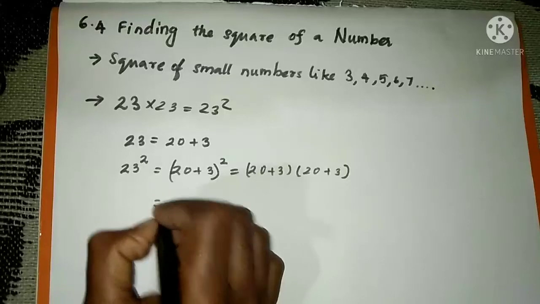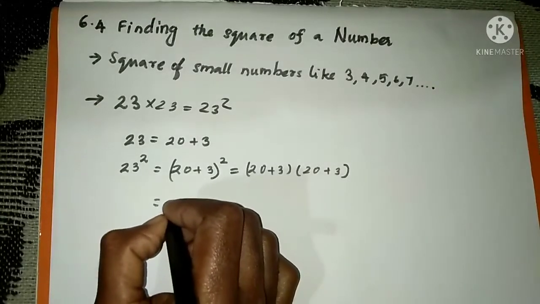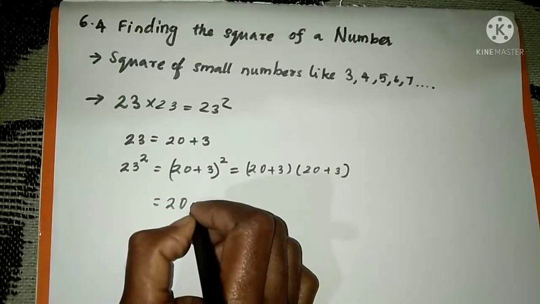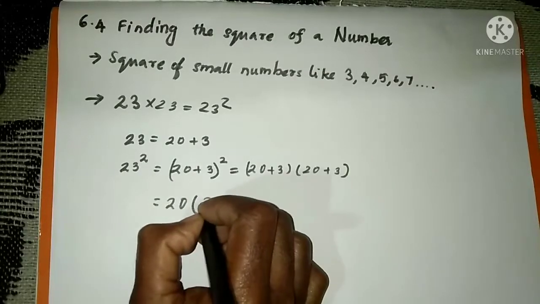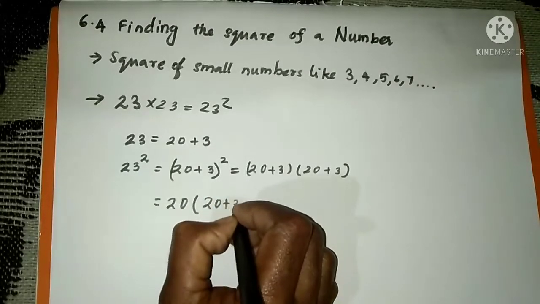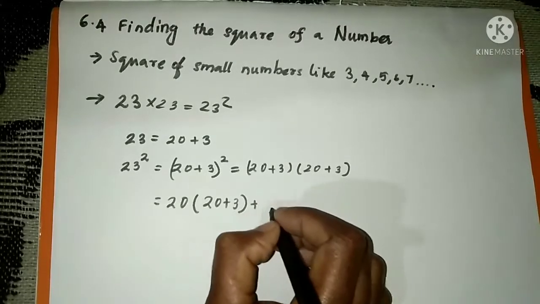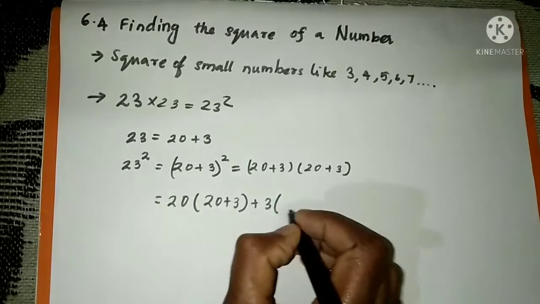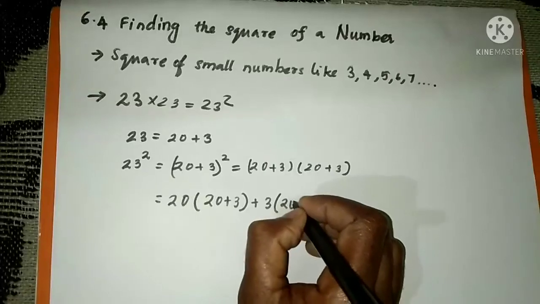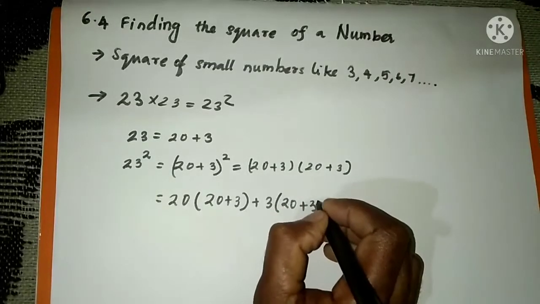Now, we can write this as 20 into 20 plus 3, plus 3 into 20 plus 3.